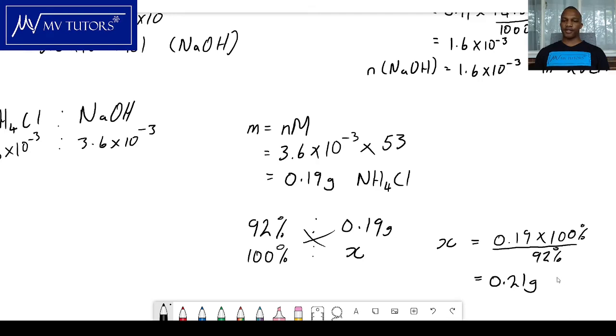Now this is of the fertilizer sample. Okay, and that is our final answer. Wow, what a difficult question, but basically we got to the end of it.